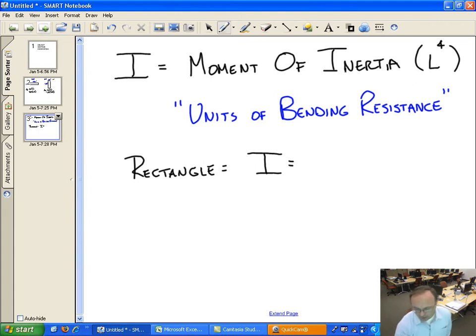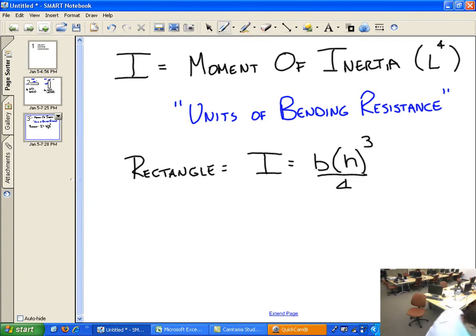I is equal to base times height cubed over 12. So my moment of inertia, or my units of bending resistance, I, for a rectangle, is equal to base times height cubed over 12, BH cubed over 12.